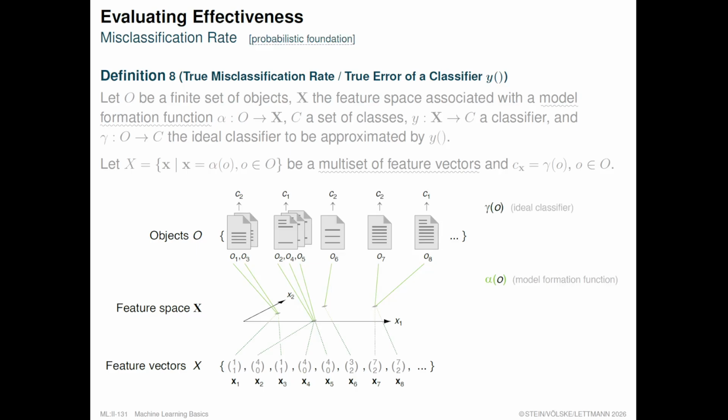So we get the vectors here, we get the classes by our ideal classifier, which can be human, and we get our model function, which then assigns classes. And what we immediately can see is that we have some problems here with this class for example 6, which should be class 2, but is classified as class 1.